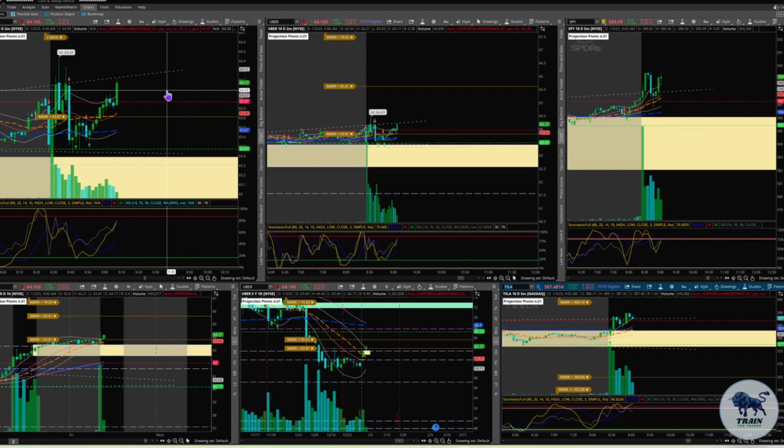So I'm gonna put in an order to close two of these five contracts at the price of 1.37, and we got in at 1.15. So it's not a whole lot.